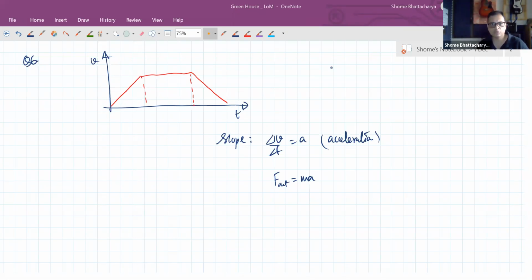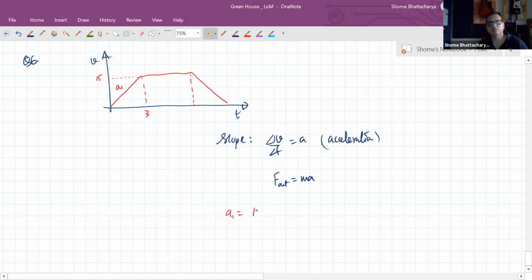Now look at how the graph is made. It looks to me like the velocity is becoming 15 meters per second after a time of 3 seconds. So here, if the acceleration is a1, a1 will be 15 minus 0 upon 3 minus 0. So it should be 5 meters per second square. Here of course it's a flat graph, so this acceleration will be 0. And here it's decelerating, again this is 5 seconds and this is 8 seconds.